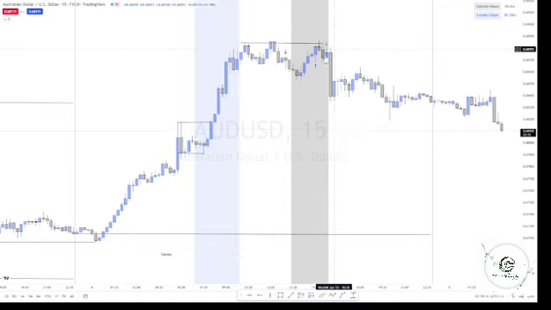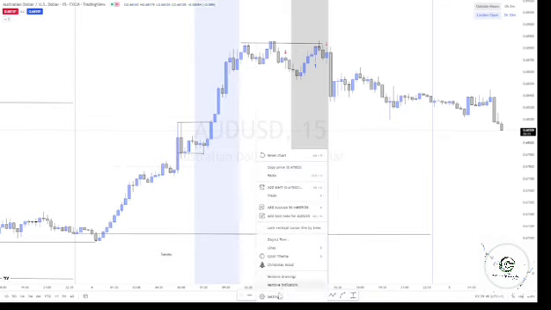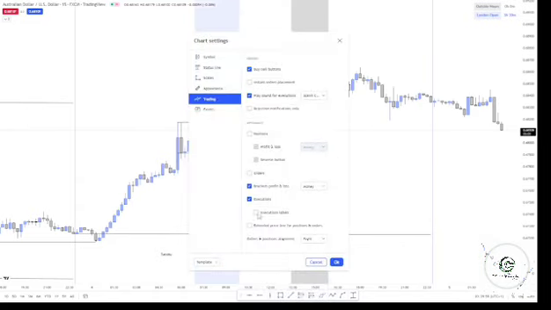So I was able to sell here, right? And I'm going to show you my entry right now. So mind you, this is TradingView paper trading, right? So everything I'm showing you here is 100% correct.